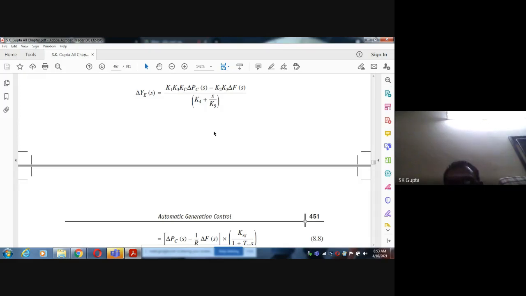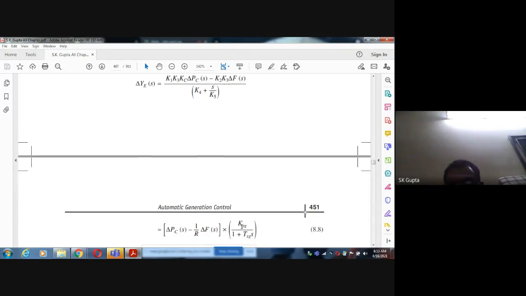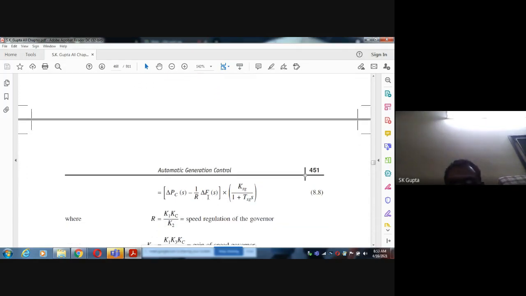That will be called 1 by R. So it is 1 above, this is R. So Δ PC by R, and here you see 1 by s, so this will be in this form. Here you can say where R is equal to K1, Kc by K2 and Ksg is equal to this.